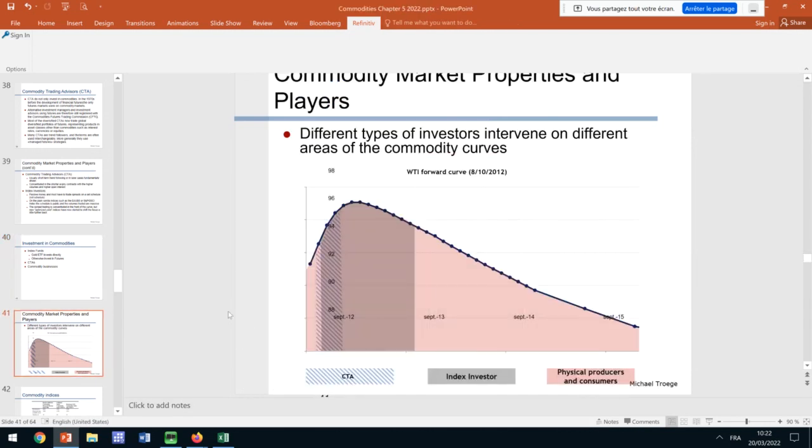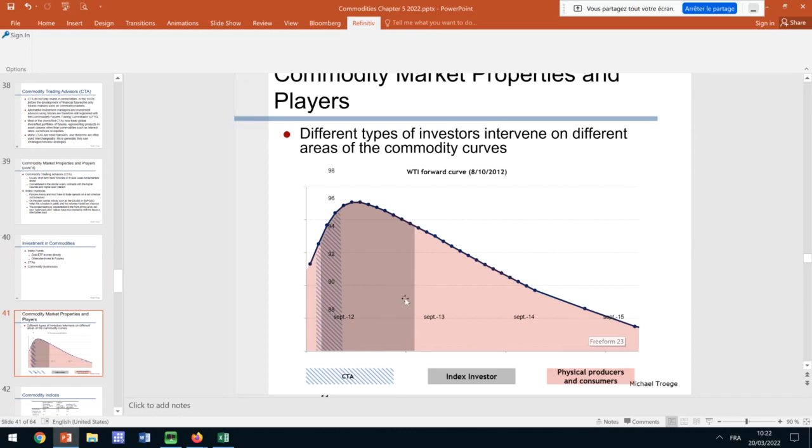But who is active where? If we look at the futures contracts, we have the short-term maturity, the mid-term maturity, and then we have the very long-term maturities. Different types of funds will be active in different maturities.